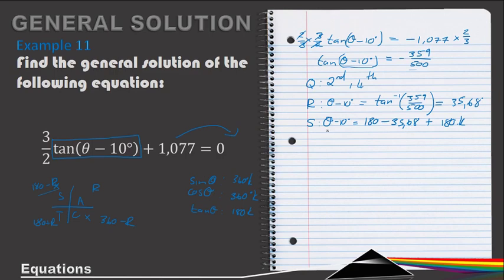I'm going to take the 10 over to the other side. So theta is equal to 180 degrees minus 35,68 plus 10 degrees plus 180k. Now notice that the 10 that I take over only influences my angles, my degrees, not the period, because we have to add like terms, and you can't add the degrees to a value that contains k, or variable k.